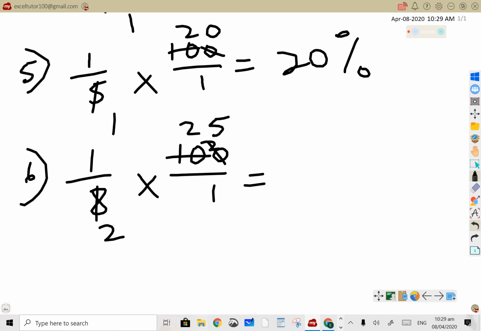We cannot cross multiply anymore, so we have 25 over 2. We have an improper fraction here, but do not worry if you get answers like these, especially if you're dealing with the eighths like 1/8, 3/8, 5/8, 7/8. You keep working.